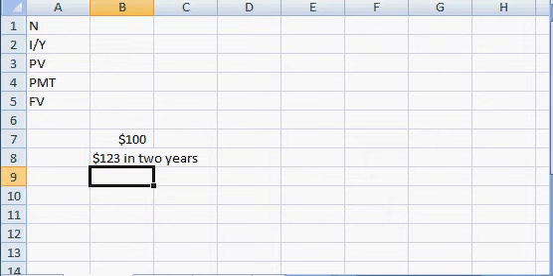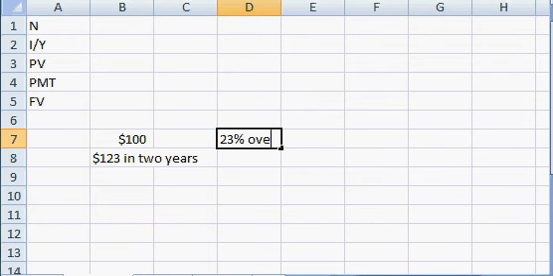Well, is that a good deal? Is this a good investment? We're getting a 23% return over 2 years. So, is that good or not? That's the point of all of this.